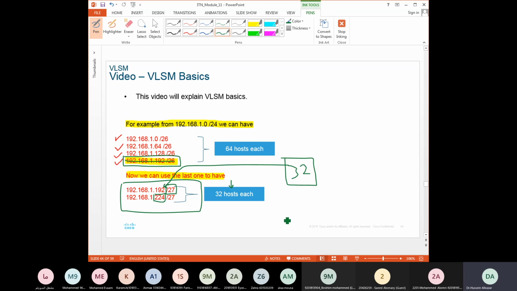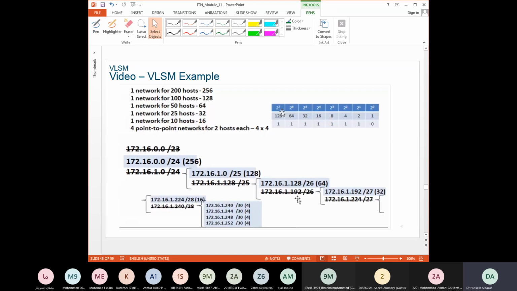So let us have this example. Suppose the original network is 172.16.0.0/23. Now our network requirements are the following. We need one network with 200 hosts. We need another network with 100 hosts.